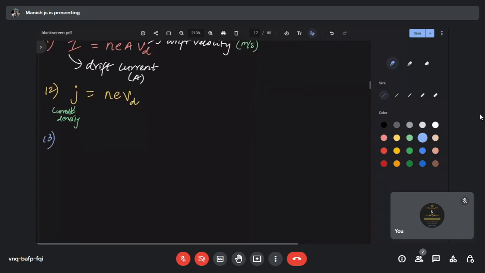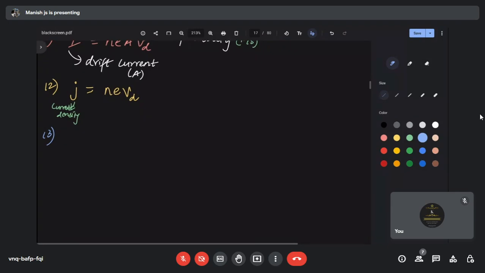And then the 13th one: how can you express electric field and current density?